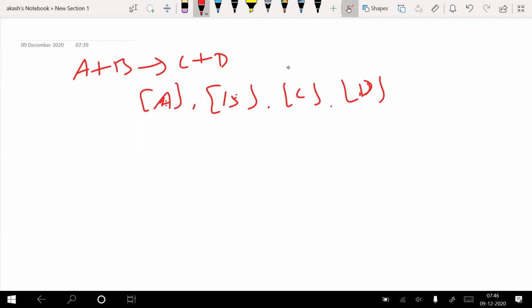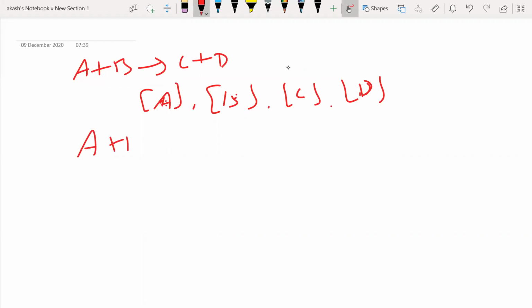Okay, let me solve it. Let me write the reaction first: A plus B giving C plus D. At time t equals 0, they're telling that initially 1 mole each of A and B are taken in a 5-liter flask. So 1 mole of this, 1 mole of this, and nothing of this.